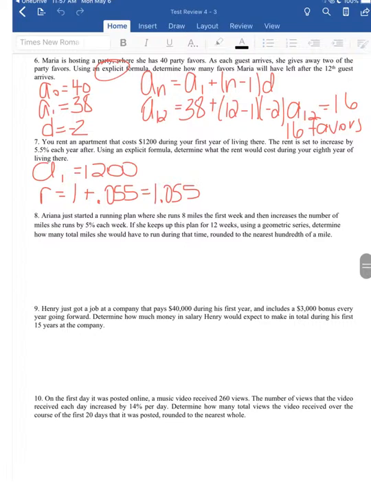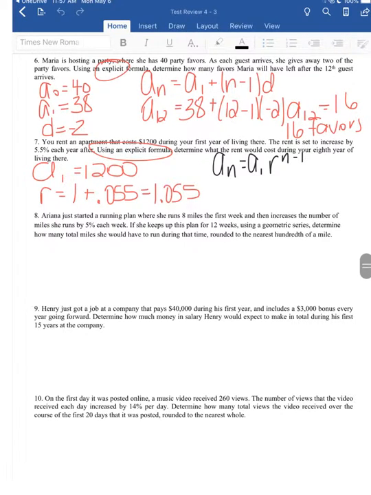Using an explicit formula, determine what the rent would cost during your 8th year of living there. So a sub 8. Again, explicit formula, so I have to use this. I can't just find each one. This is on your reference sheet. This is geometric again, because we're multiplying. A sub n is equal to a sub 1 times r raised to the n minus 1.